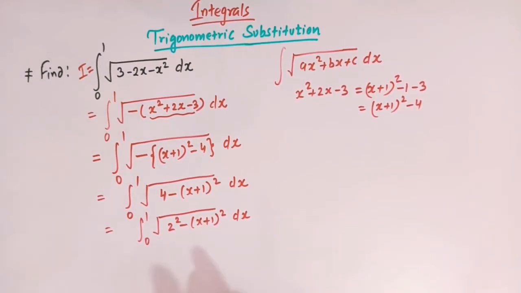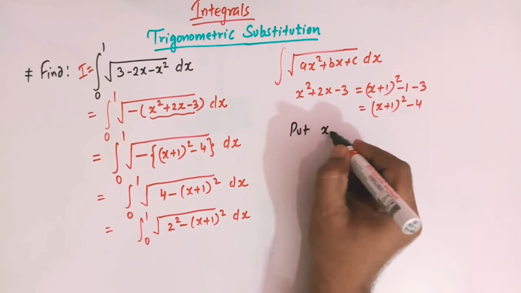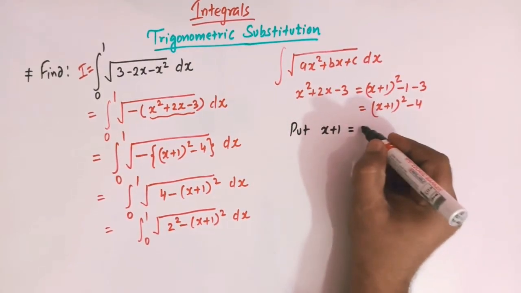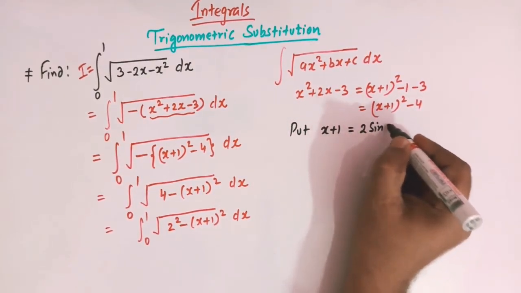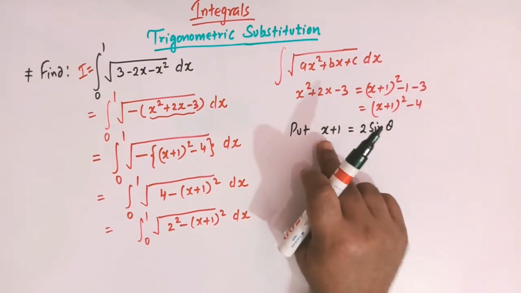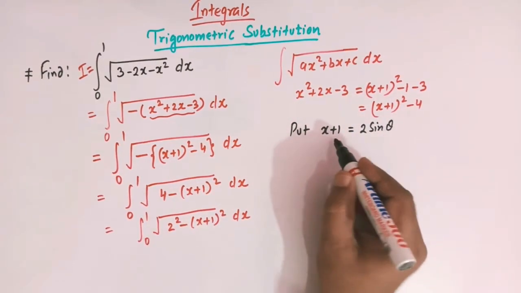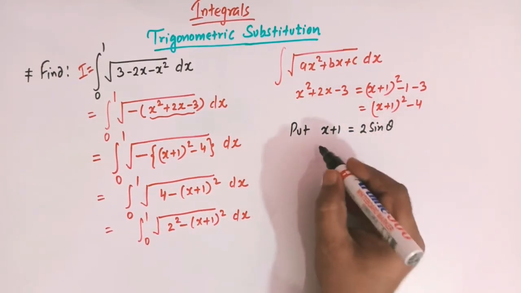So here we can make a proper substitution. We can take x plus 1 is equal to 2 sine theta, right? So the appropriate substitution here is x plus 1 is equal to 2 sine theta. Now we can differentiate both sides with respect to theta.